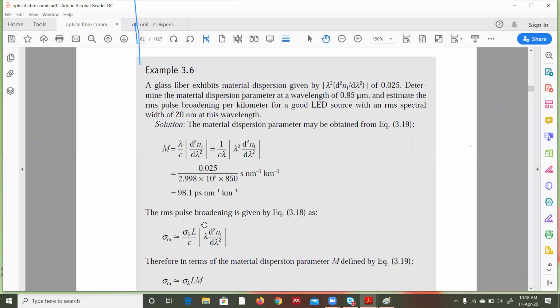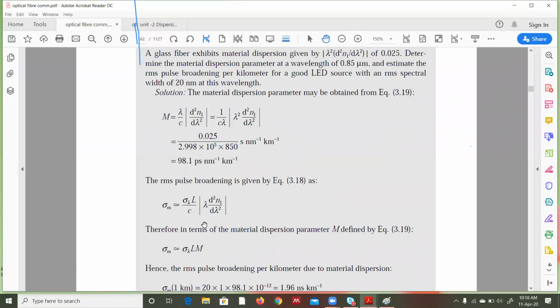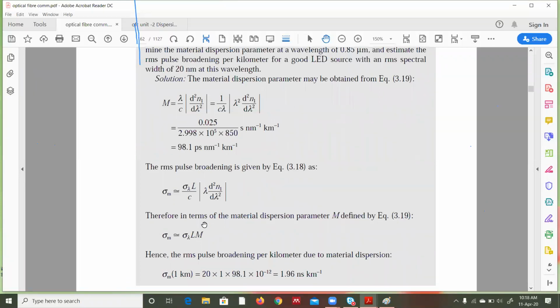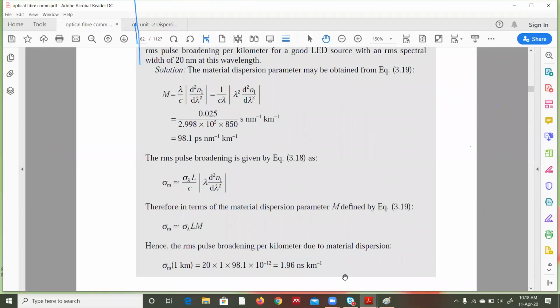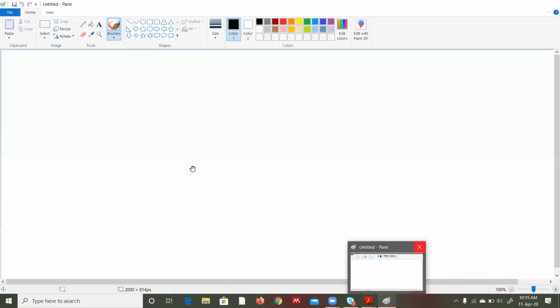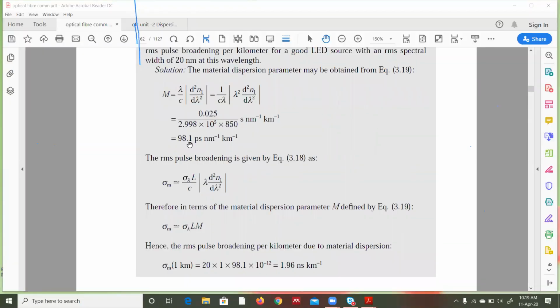So let me continue with calculation of RMS pulse broadening sigma suffix M due to material dispersion. So what is the expression for that? Expression for that is RMS pulse broadening is given by sigma suffix M, which is approximately equal to sigma lambda divided into L divided by C, magnitude of lambda into d square n1 by d lambda square.